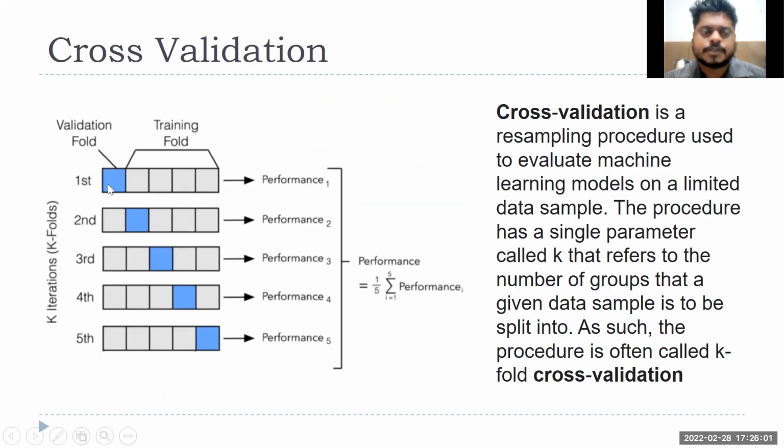So what happens? Randomly 10 or 20 data points are selected as validation, and the remaining 80 or 70 data points are taken as training. Then the model runs. Then another random 10 or 20 data points are taken as validation, and the others become training.